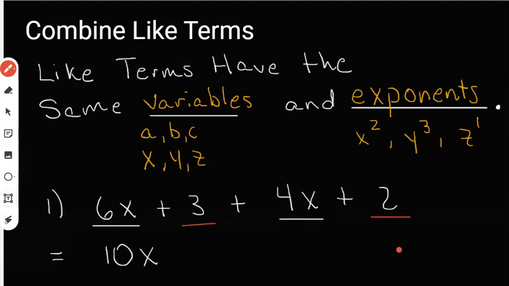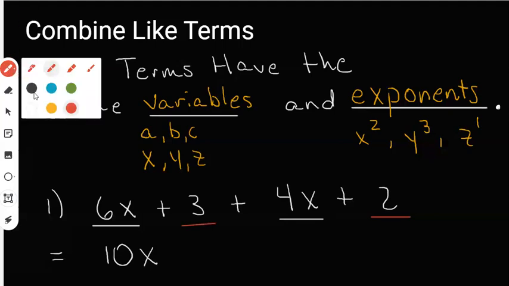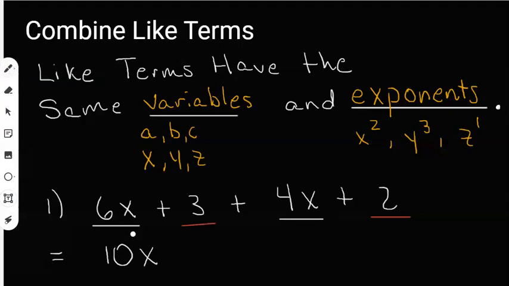So these are like terms because they're both just regular numbers. And we can add those together. 3 plus 2, that's going to give you 5, right? And then we're done. 10x plus 5.